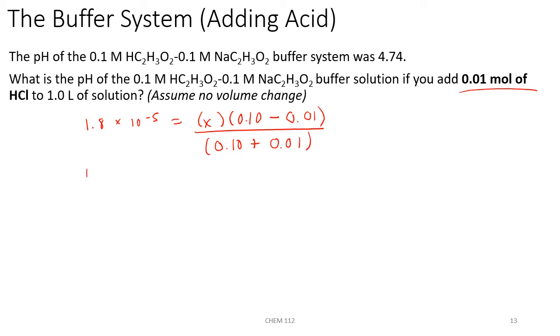So now this will become 1.8 times 10 to the negative fifth is equal to X times, we're going to have 0.09 on the top over 0.11 on the bottom.